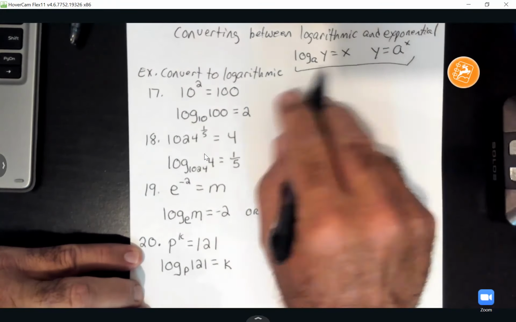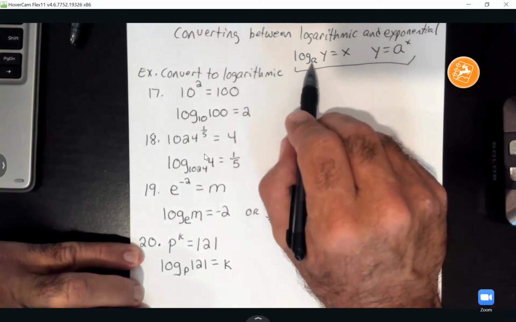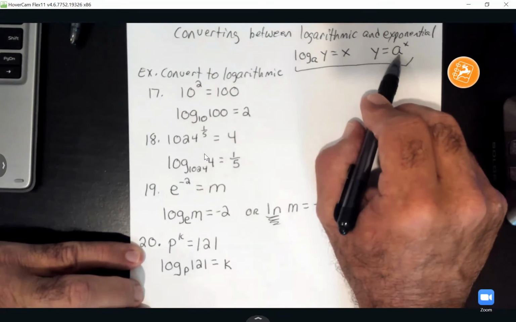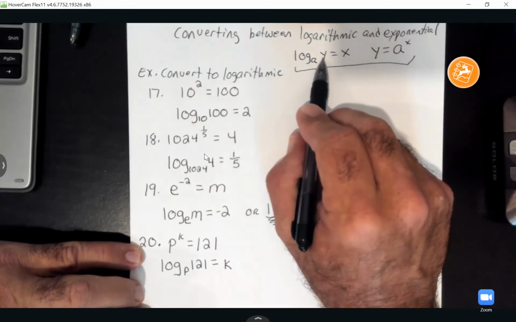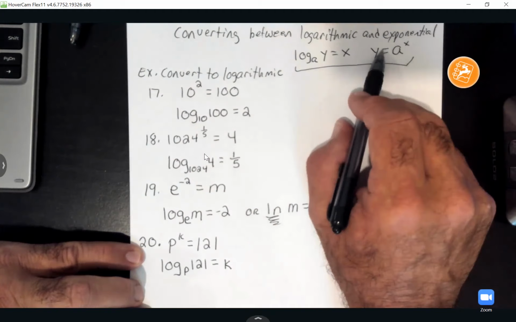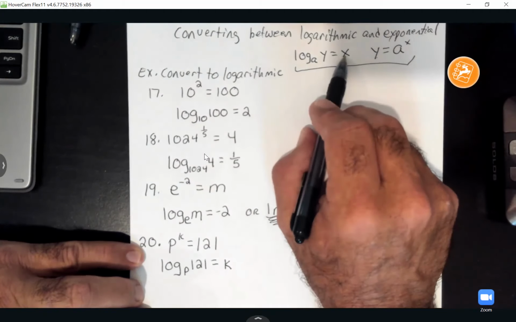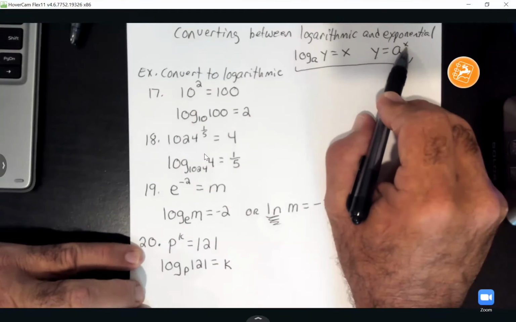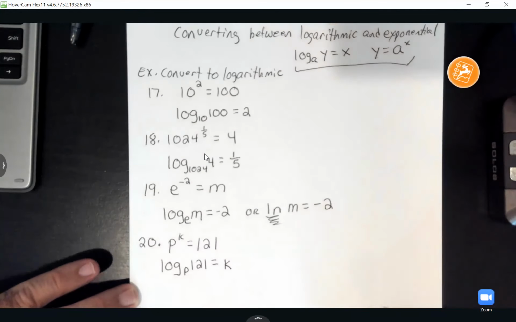I use that to go both ways. The A for the log is the same as the A, which is the base of the exponent. The result of the log is the same as the result of the exponential. And then the X, which is the exponent, is the same as the exponent of the exponential.